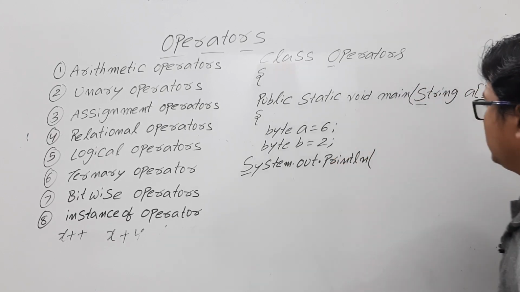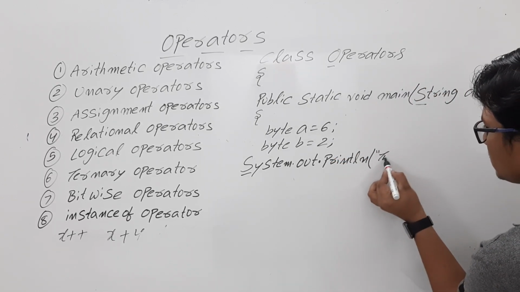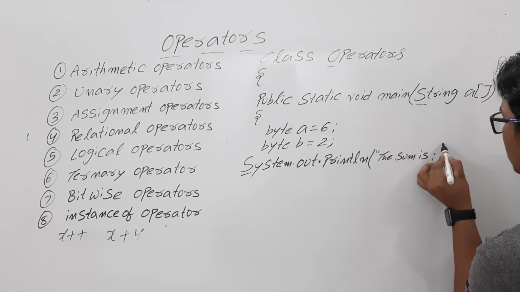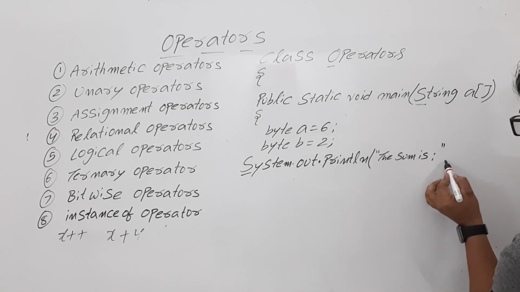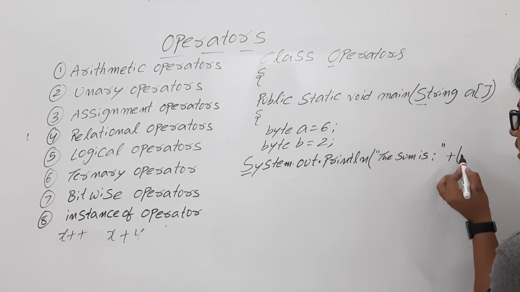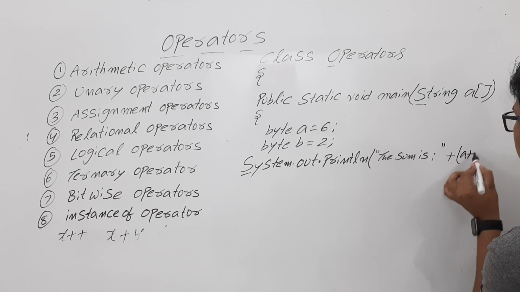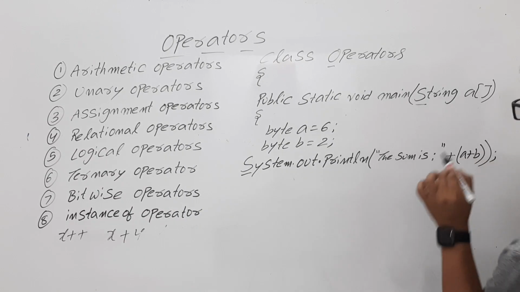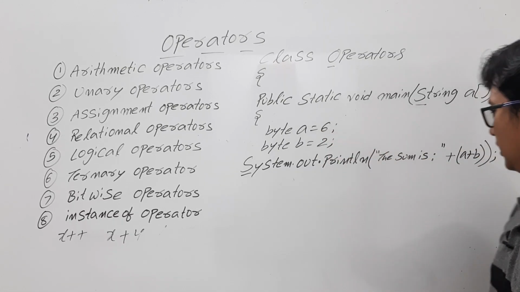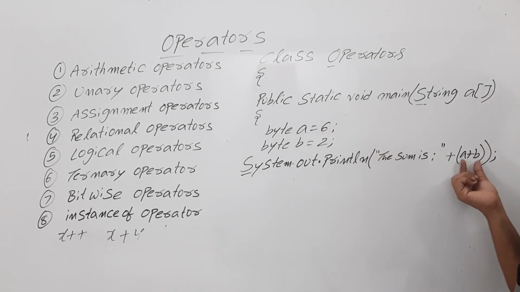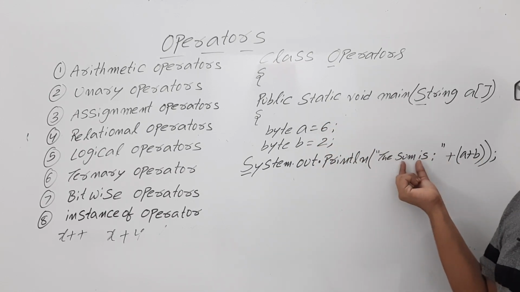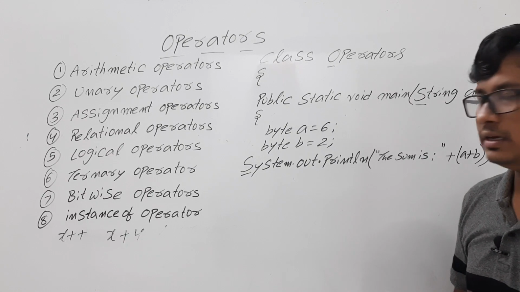I can write like this: "The sum is", then I can keep a plus for the concatenation and I can write a plus b. This will give you the sum is 8. It will perform a plus b, which is 6 plus 2, which will be 8. That will be concatenated to this string "The sum is".